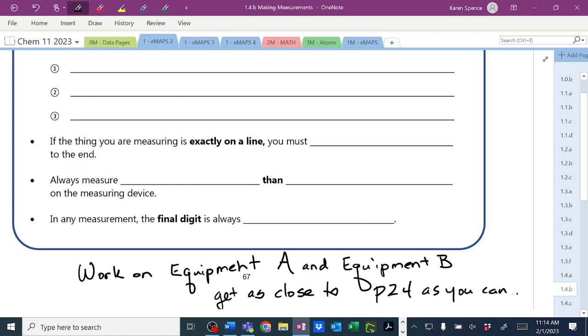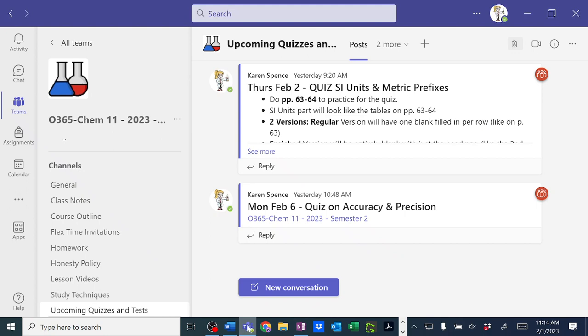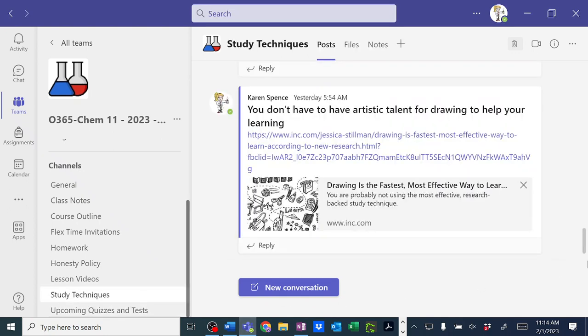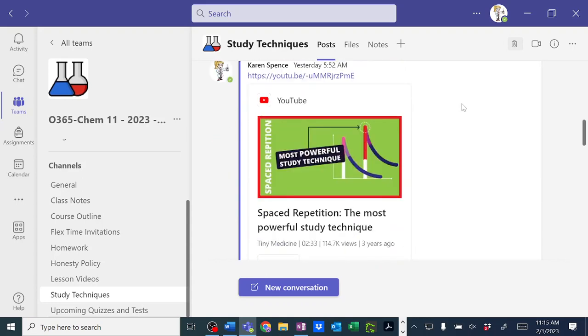Yeah, I meant to talk about spaced repetition today. We should talk about spaced repetition today. Because it is one of the most powerful study techniques around, and it is poorly utilized by most students. So I try to work it in to our lessons when I possibly can.